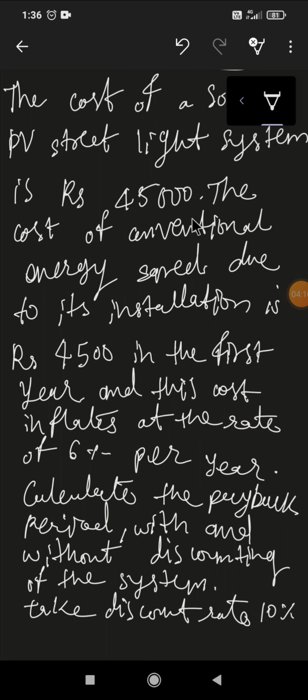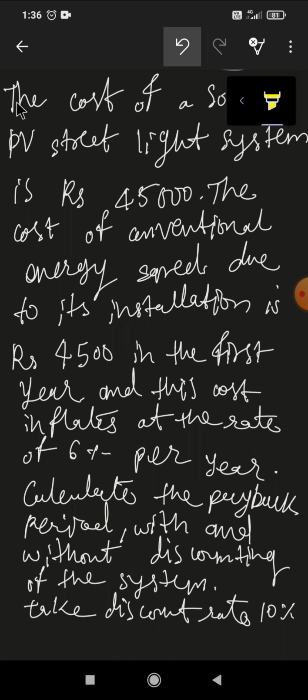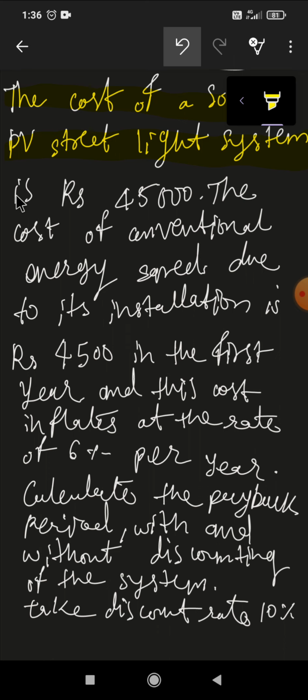So this is another example. This was also asked in GTU. So what is in this example? We'll see one by one. The cost of a PV street light system, that is a photovoltaic street light system, is 45,000 rupees.